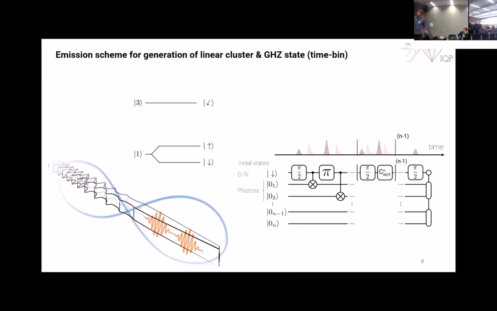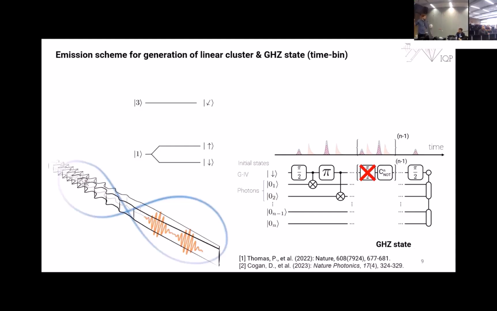So you can also repeat this, and if you identically repeat these steps, you create a so-called linear cluster state. You leave out one of these rotations, and you create a big GHZ state. And these sort of are preliminaries to more complicated entangled states.